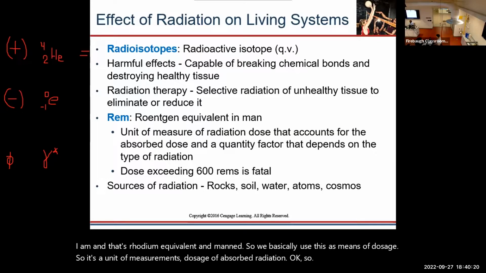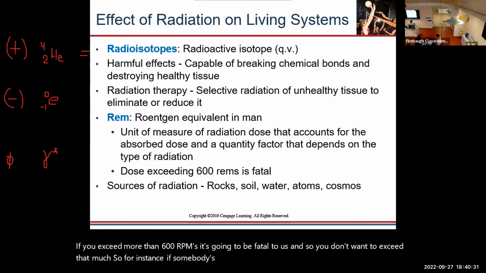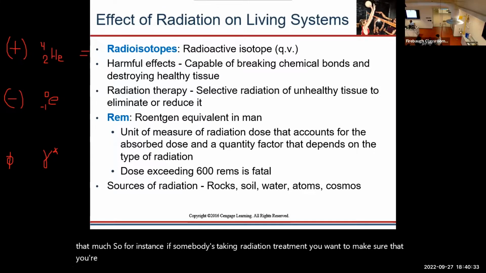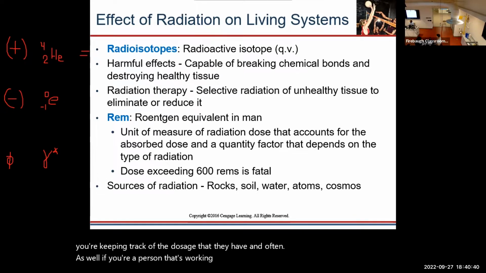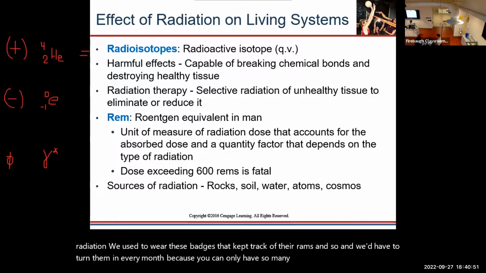If you exceed more than 600 REMs, it's fatal. You want to make sure, as well, if you're a person working with radiation, to monitor your exposure.